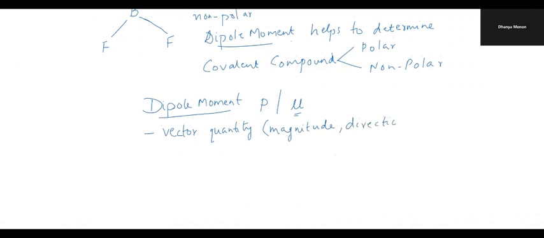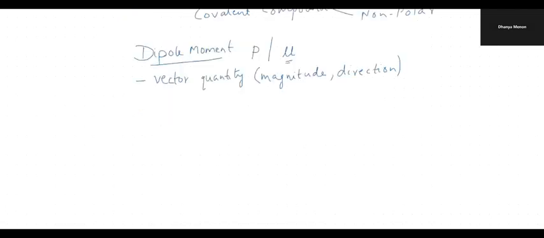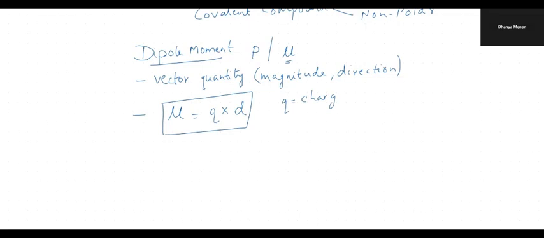Okay. And the dipole moment mu is given by Q times D. This is the formula for dipole moment, where Q is the charge on any one of the atoms.